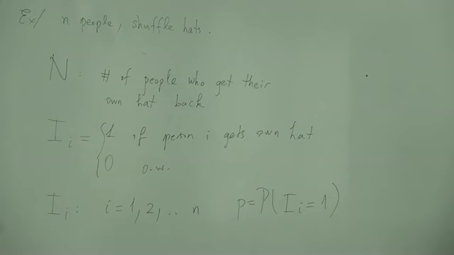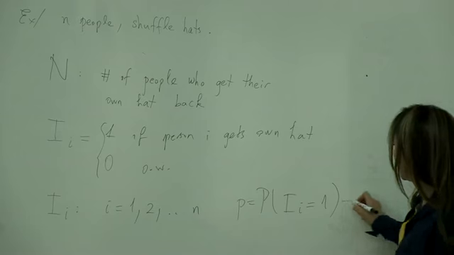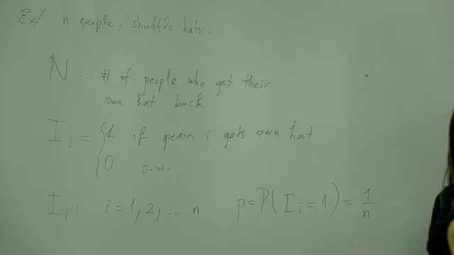Why? There's nothing special about person i. By symmetry, the probability that person i gets their own hat back is 1 over n, because there are n hats and each one is equally likely for person i.